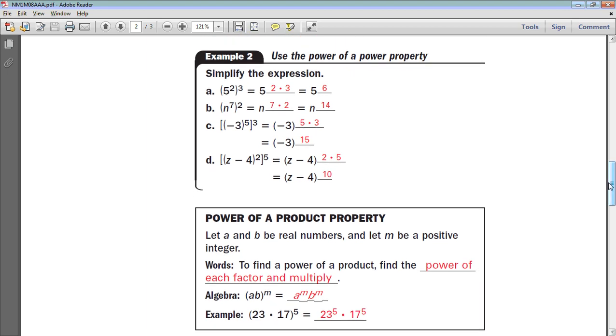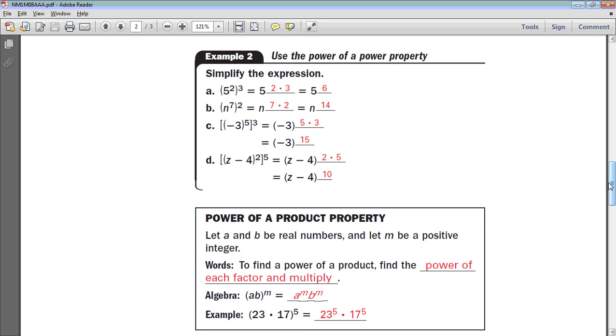Now we're just doing examples. Look at A. I have a power to a power, so it's 5 to the 3 times 2, which is 6. 5 to the 6th. Part B, n to the 7th squared, I'm just taking n to the 7 times 2, which is 14. Any questions? You guys with me so far?